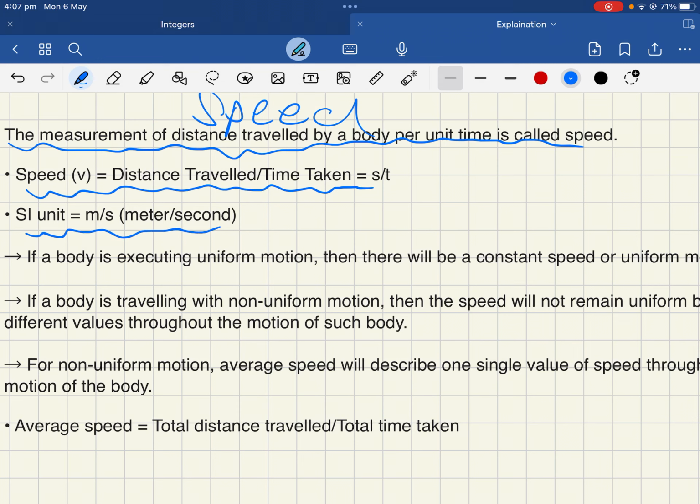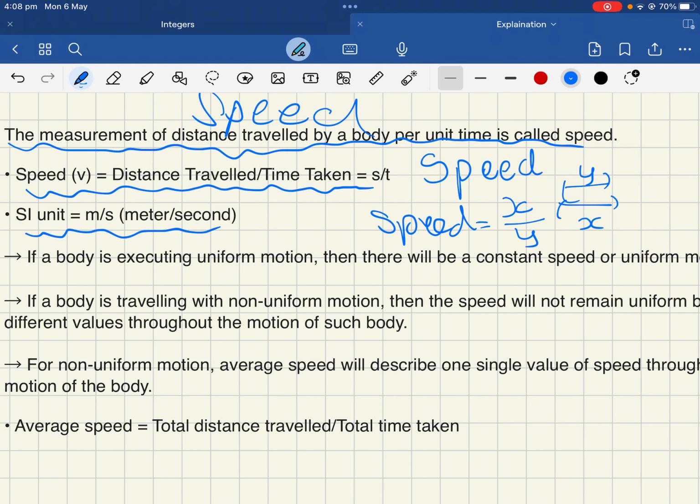First, the measurement of distance traveled by a body per unit time is called speed. For example, we have x distance and we have y time. Speed is the measurement of a distance, for example, speed is equal to x by y.